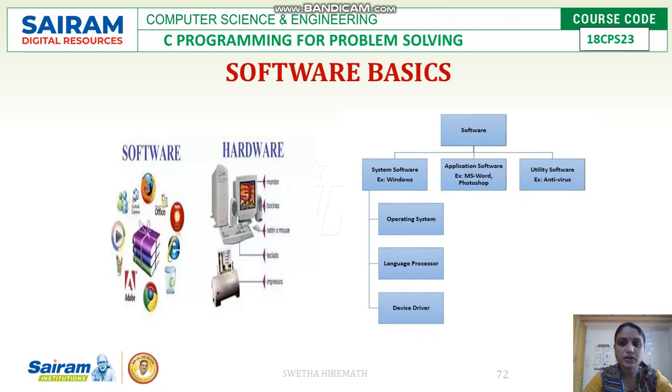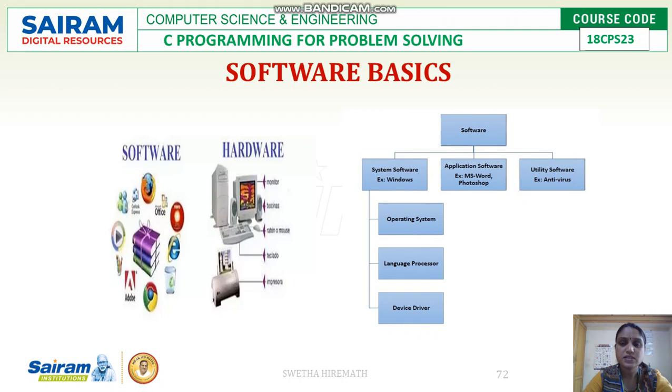And the different hardware devices like input devices and output devices, monitor, keyboard, mouse, memory system, CPU, all of these work based on software, that is the operating system, or any other programs.